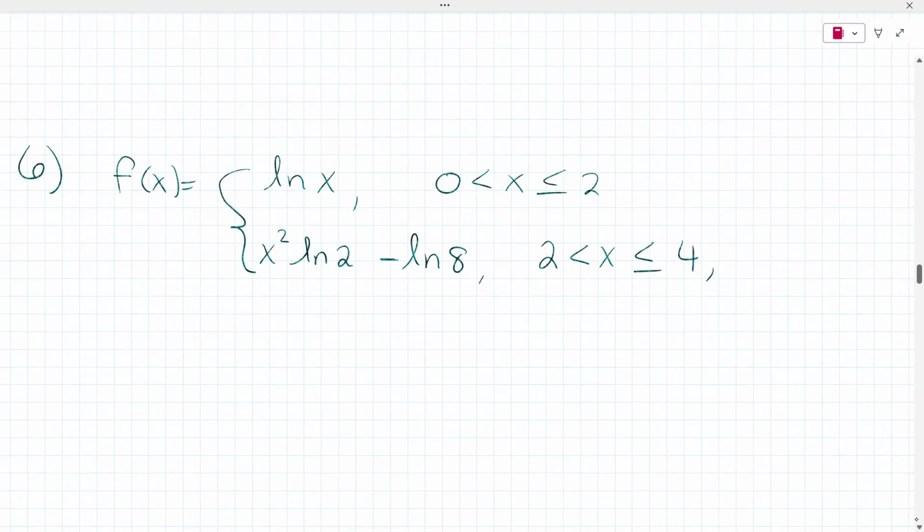We have f of x equals ln of x, where x goes from 0 to 2, where 2 is included. And then your other function is x squared times ln of 2 minus ln of 8, where we can only go from 2 to 4, where 4 is included.